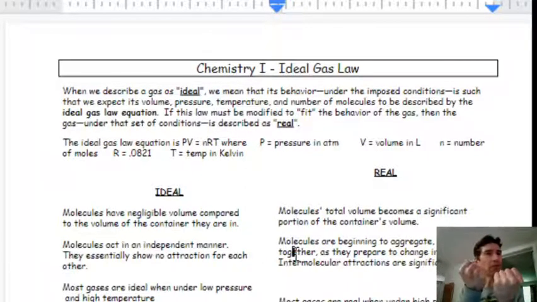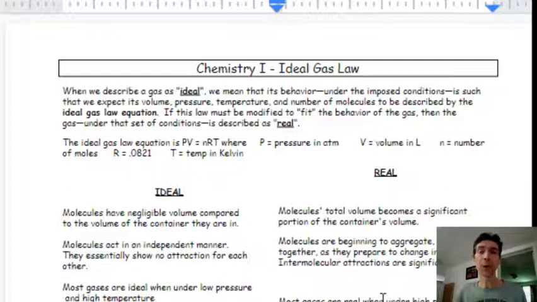There's a little positive-negative interaction there. And so those are real gases. And if you look at this bottom thing, it says most gases are real when under high pressure and low temperature. So it's really a set of conditions that make a gas an ideal gas or a real gas.